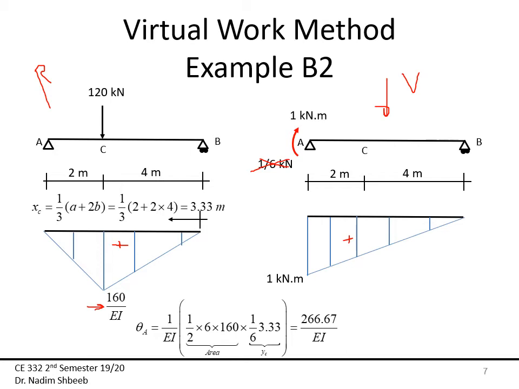What this theory states is that you calculate the area under the M over EI diagram, which is what I did over here. So this is equal to 1/2 times 6 times 160 over EI, and I just take the EI out. Then you find the centroid for the M over EI diagram, which is at 3.33 meters from this.